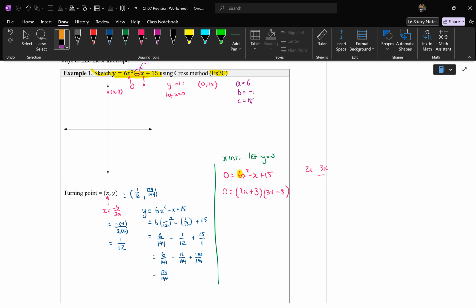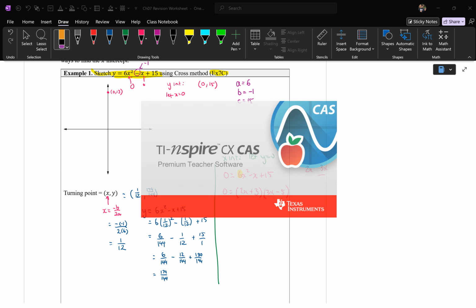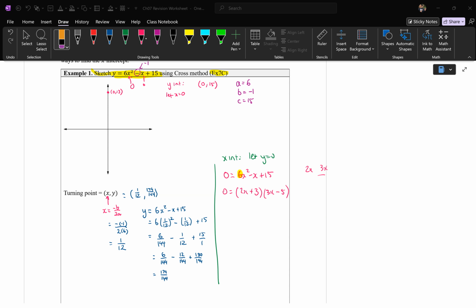Oh. Did I copy the question wrong? Maybe I did it wrong. It might have needed to be a -15. Let me just double check with the calculator that I didn't type it wrong.